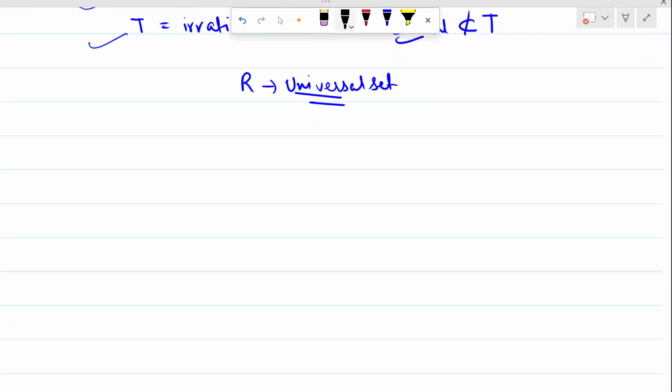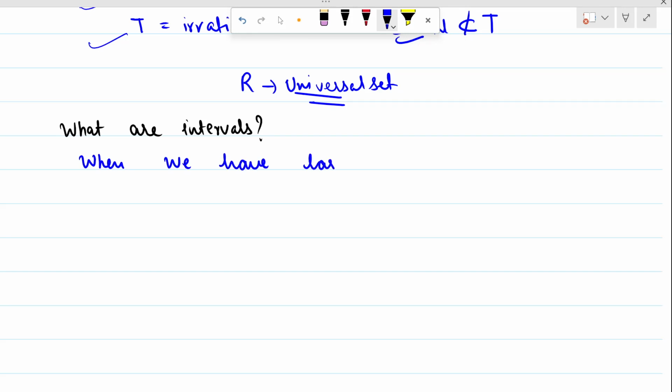So what are intervals of subsets? When we have a large finite set, then we represent the set in interval form.